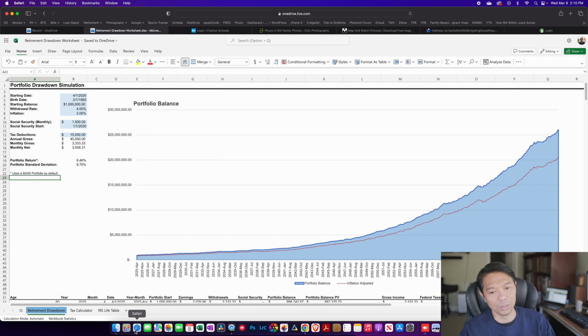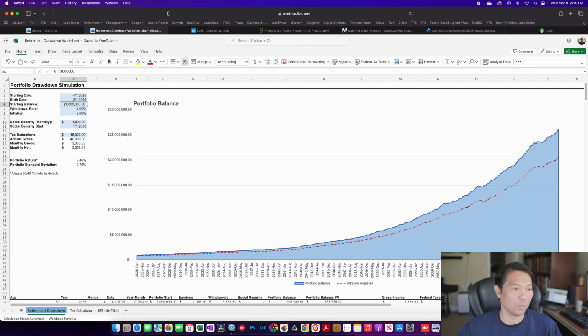So this tool is relatively simple. It's called the Portfolio Drawdown Simulation. I made that up, but you can call it whatever you want. And I'll give you a quick walkthrough. Basically, you enter the date that you're going to start your drawdown, you enter your birth date, how much you're starting with in the portfolio, the rate of withdrawal.